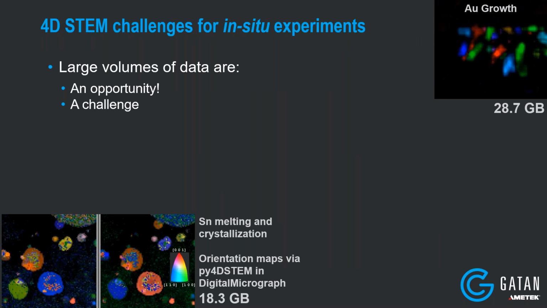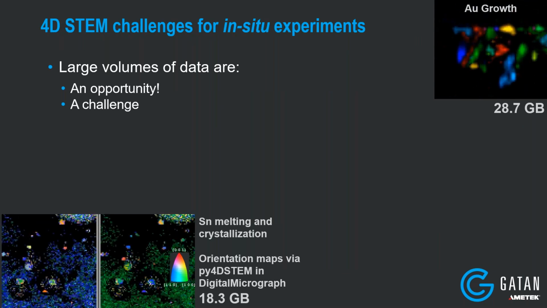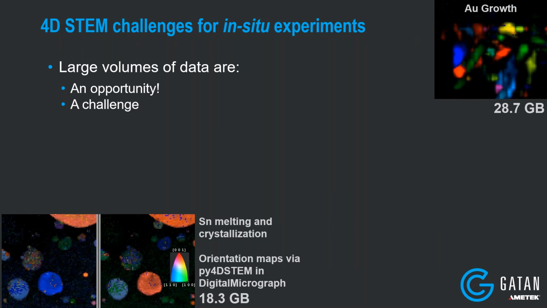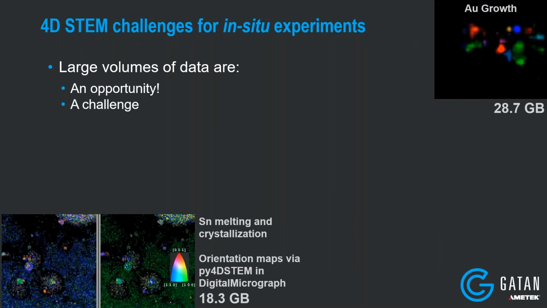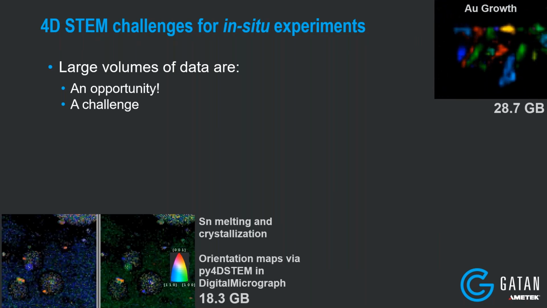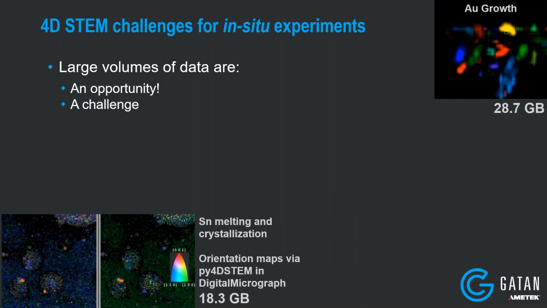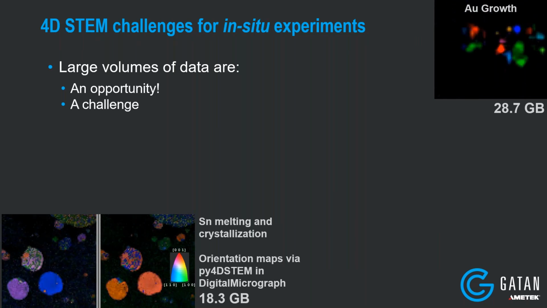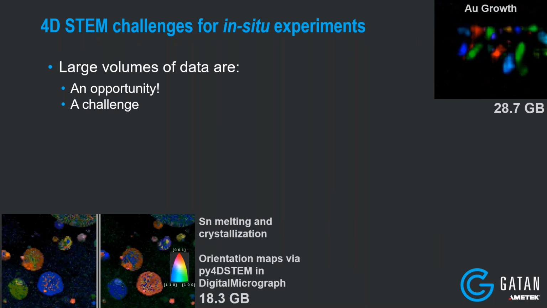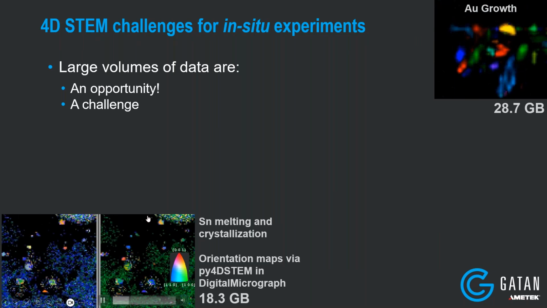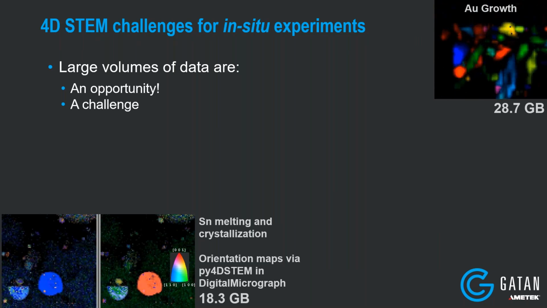So for using 4D STEM for in situ experiments, there are some challenges, certainly, and I'm excited about how this new approach that we called survey mapping can mitigate some of these challenges, perhaps not eliminate them, but mitigate these challenges for using 4D STEM for in situ.